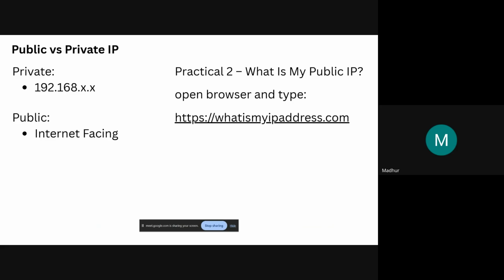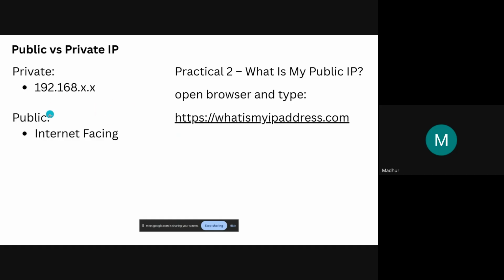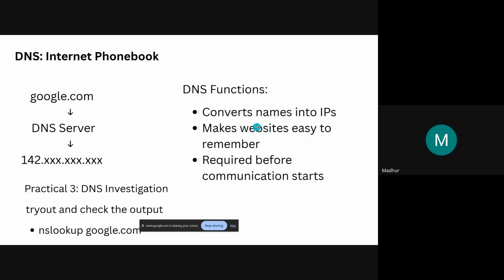The private IPs start from 192.168, and there is one public IP available to all the devices. We already found the private IP. To find our public IP, just type what is my IP address in your browser. Then you are able to find your IP address.